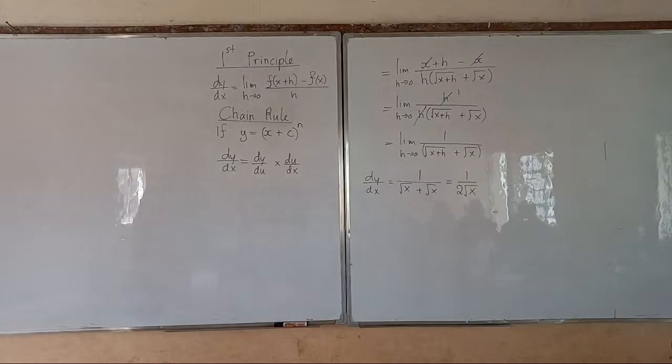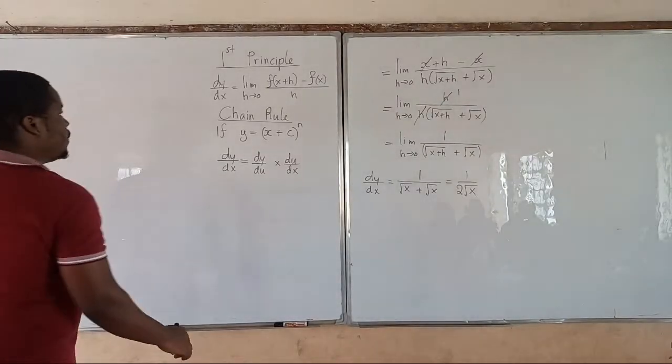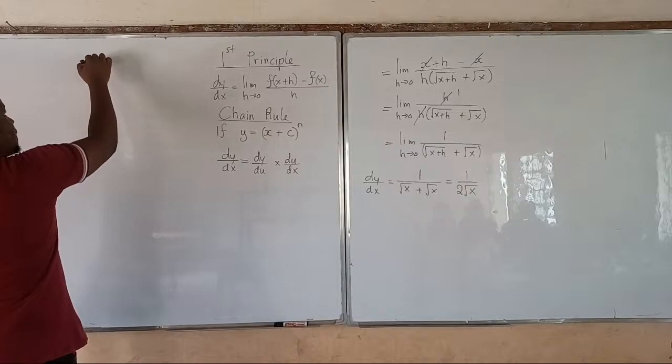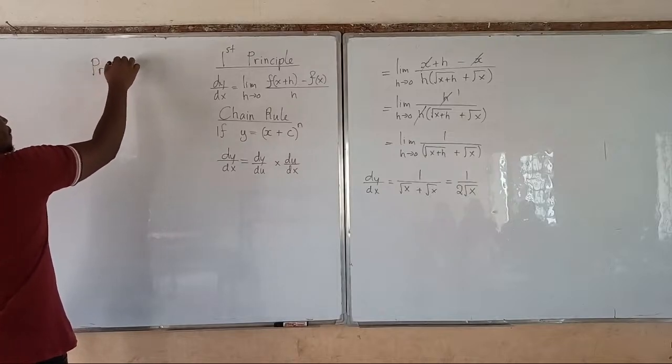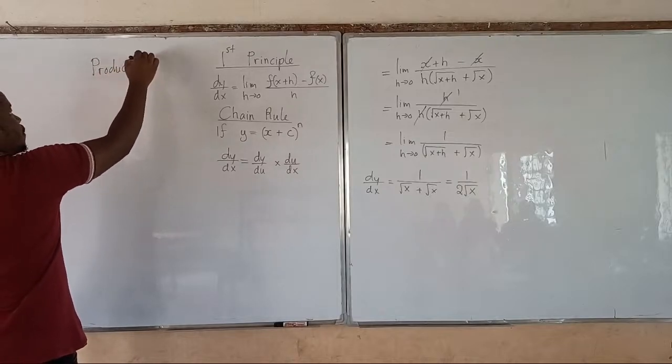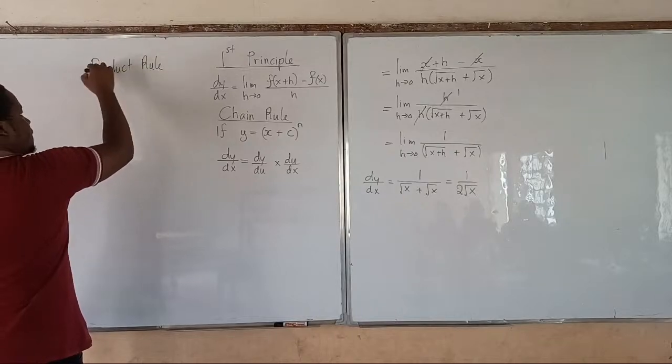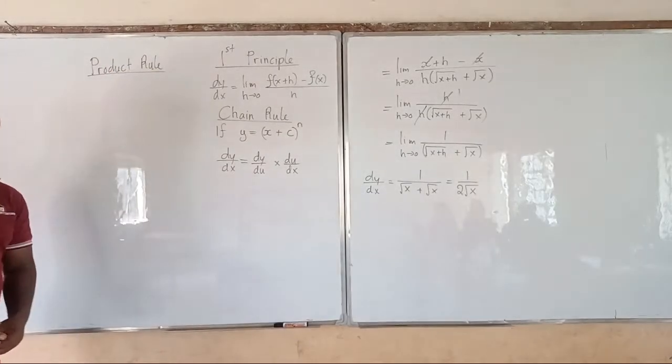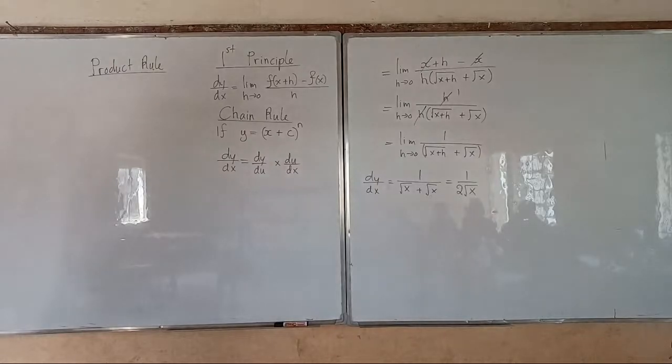The next one is the product rule. This one is used when two functions are multiplying.